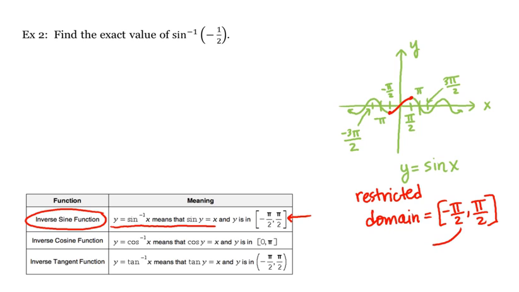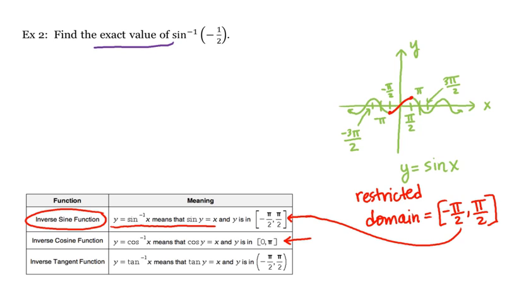And remember, the restricted domain is now the range of our inverse. And notice that is a different interval than we just saw with the cosine function. In fact, on the interval from 0 to pi, sine is not 1-to-1.